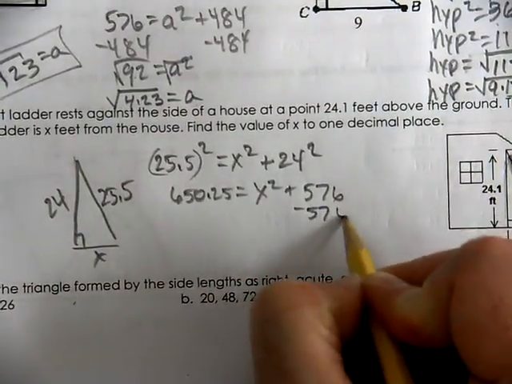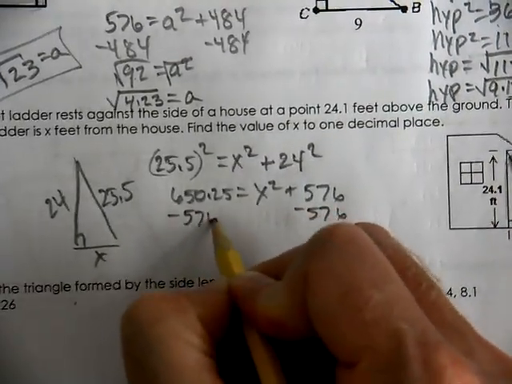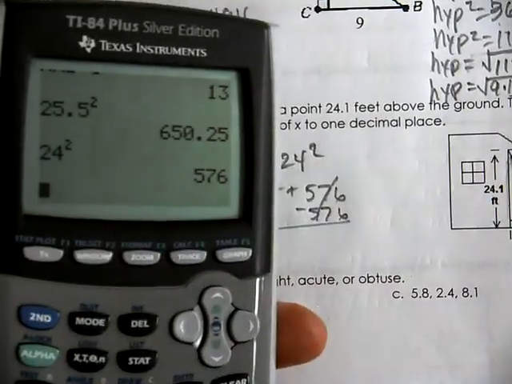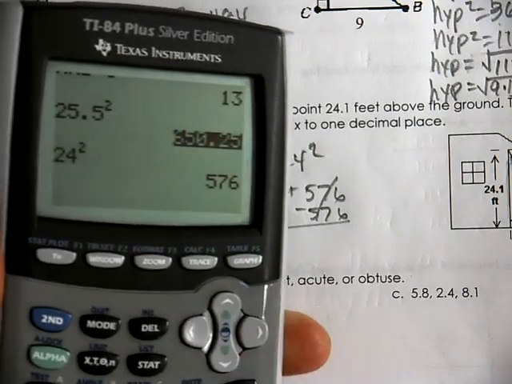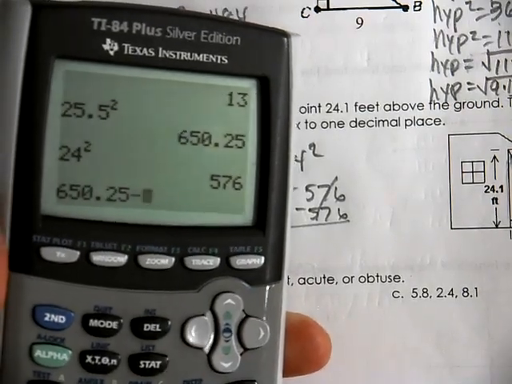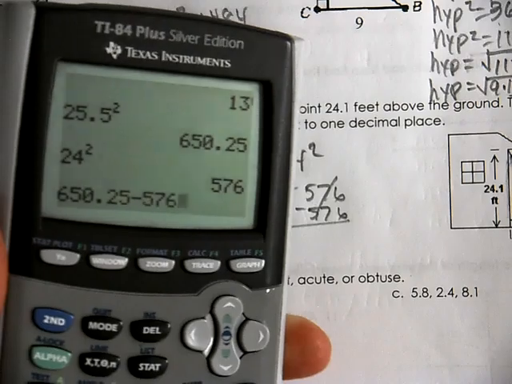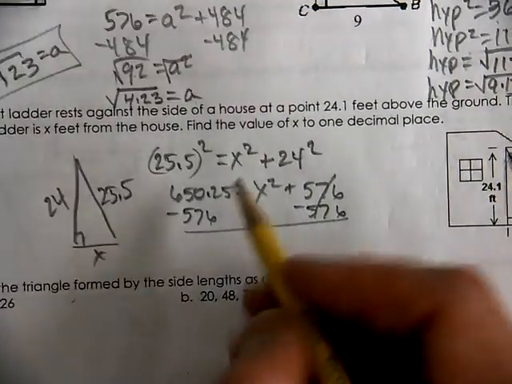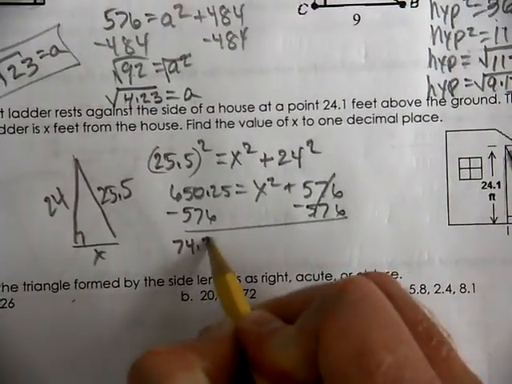So we minus 576. So I'm going to take my answer from up here and subtract the number from above it. And that gives me 74.25.